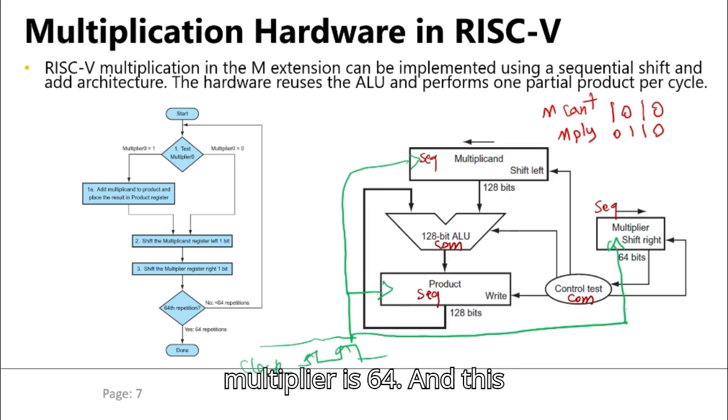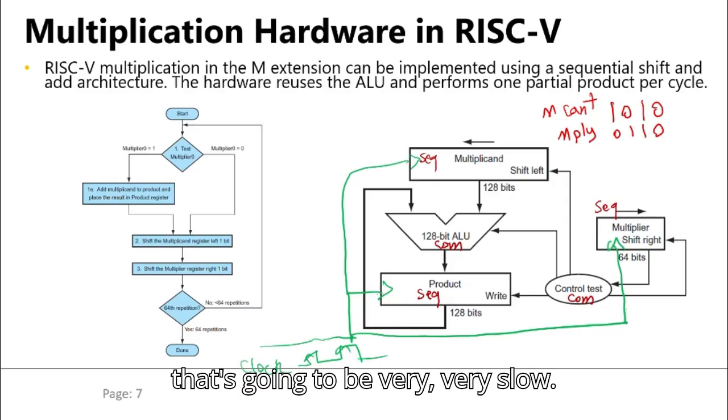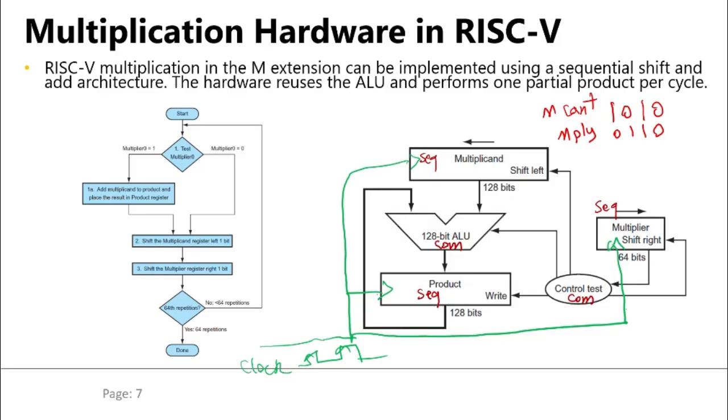And this multiplier is 64 bits. And this adder is also a 128-bit adder, which is a big adder. Imagine this adder being a ripple carry, that's going to be very, very slow. Okay, so that's good. So we know where the clock connects.